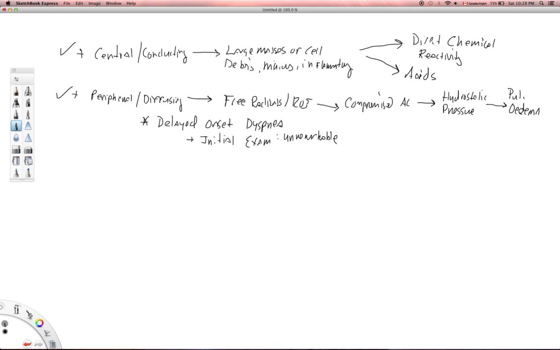So certainly there are other differential diagnoses to consider, but certainly delayed onset dyspnea after inhalation exposure, particularly if you know the agent involved and the agent is known to have class 2 effects.